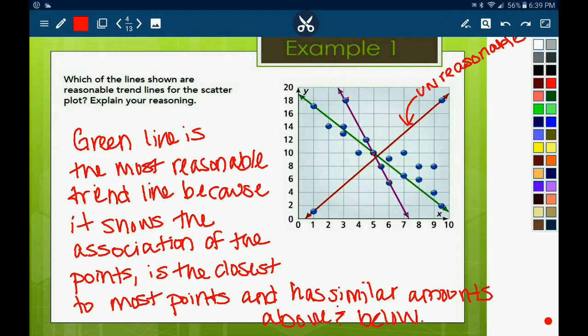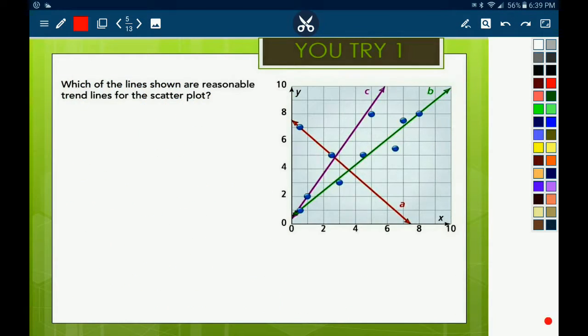Okay, so we did a little bit of explaining there, but it shows why we chose the green line. So let's have you guys give this a try in your U-Try.